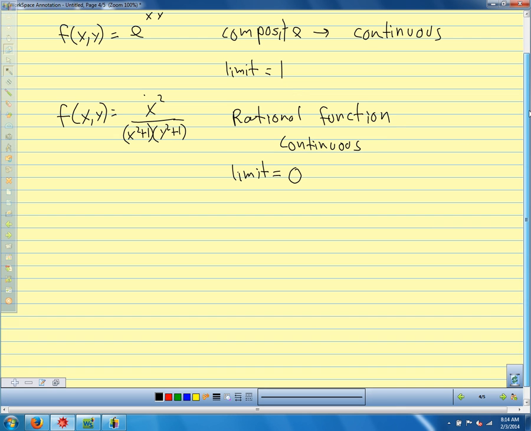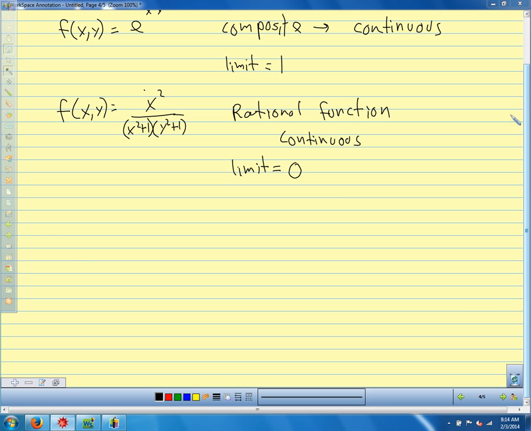All right, how about the natural log of x squared plus y squared? This is a composite function, so it's going to be continuous where it's defined.